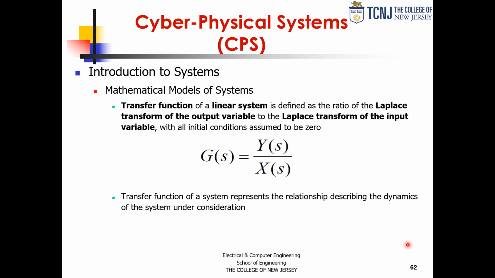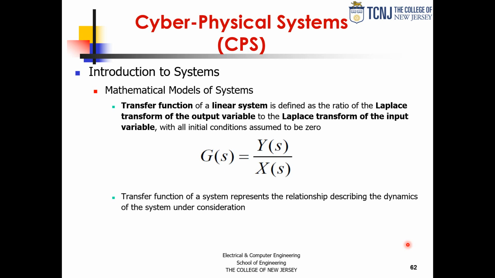So all the systems, because of what we have discussed, can still be expressed as a transfer function, which is the ratio of the transform domain of the output over the transform domain of the input.